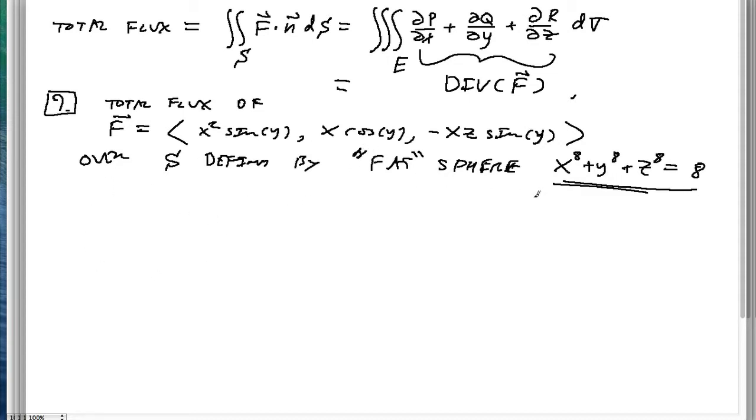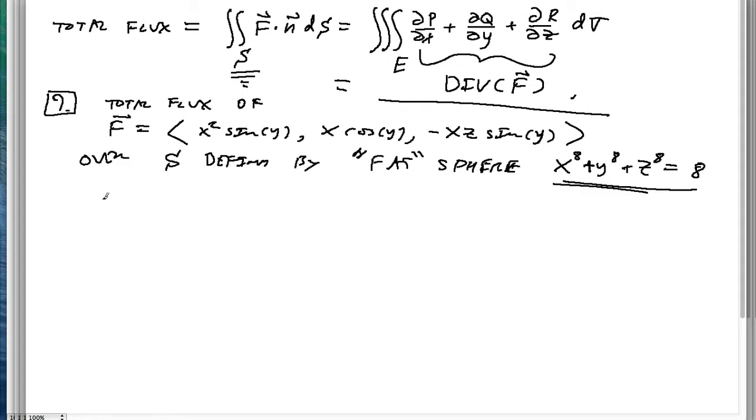But it won't be completely round. It'll just be rounded. I don't know exactly what that looks like. We could plot it for sure, but instead of trying to compute what that surface is, let's appeal to the divergence theorem to see if computing the divergence of our vector field helps us understand something about the total flux.